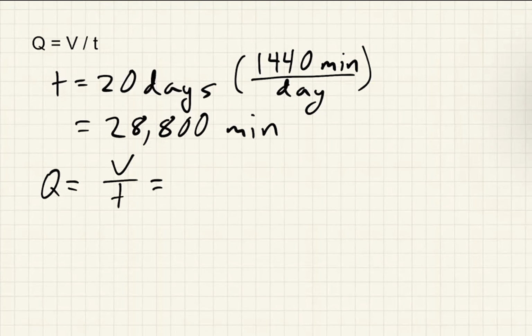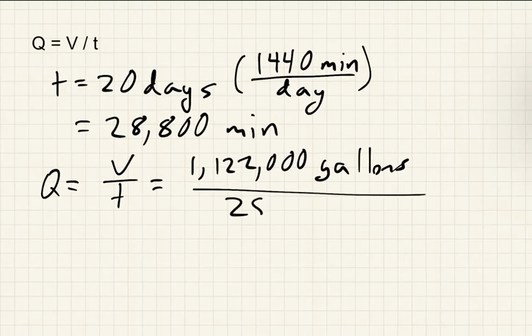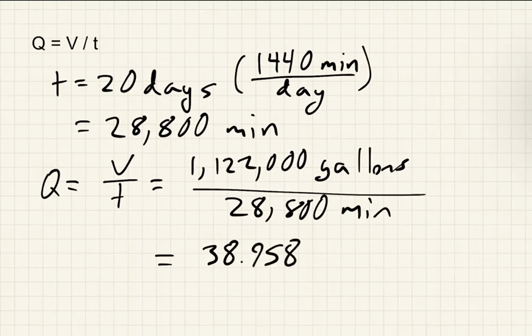We then will find our flow, which again is equal to our volume over time. We found our volume earlier in gallons as 1,122,000 gallons over 28,800 minutes. We plug that in our calculator, and it comes out to 38.958 GPM.